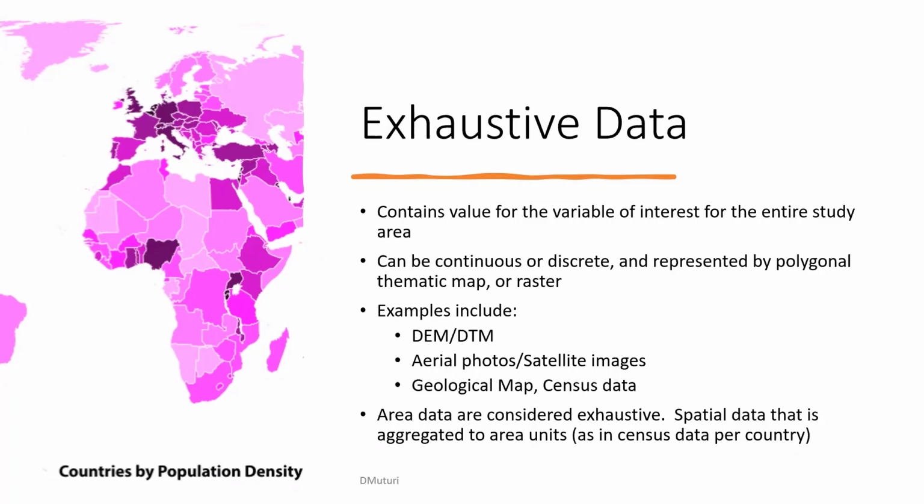For instance, maybe you want to understand the Maseno area in relation to the number of businesses that have been set up there. So you can aggregate and define that Maseno area as a Maseno market, in relation to the customers that are existing in that area. If you have such kind of data that is summarized to an area, then that's exhaustive data.